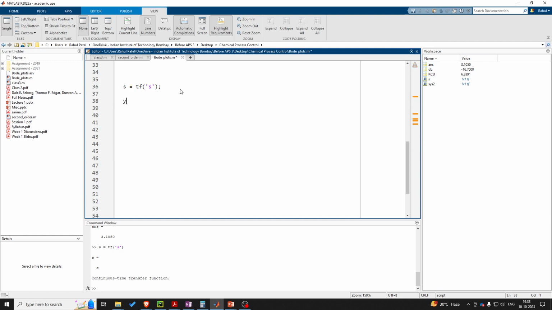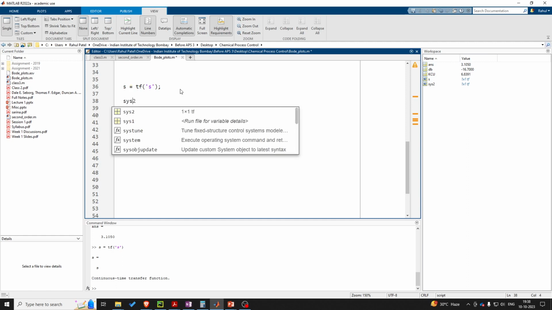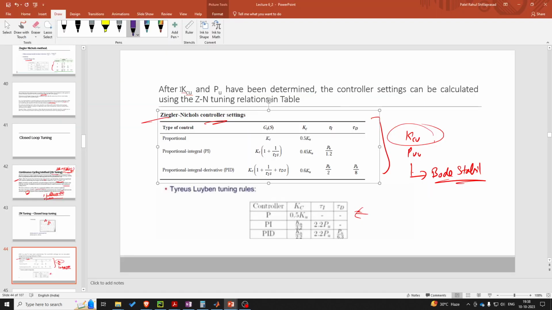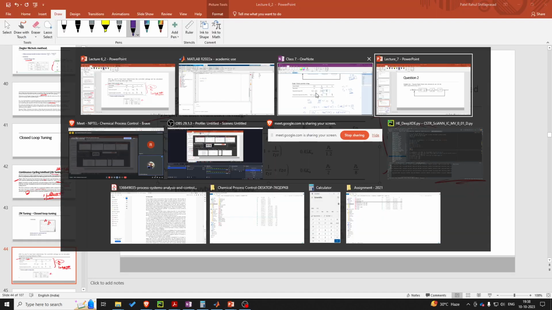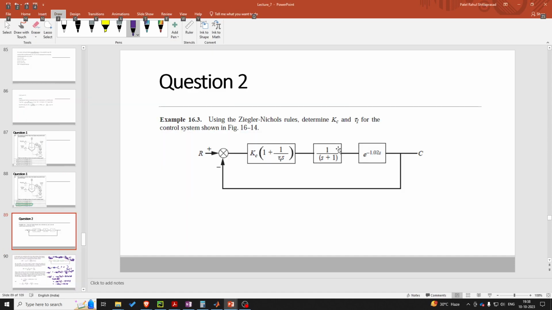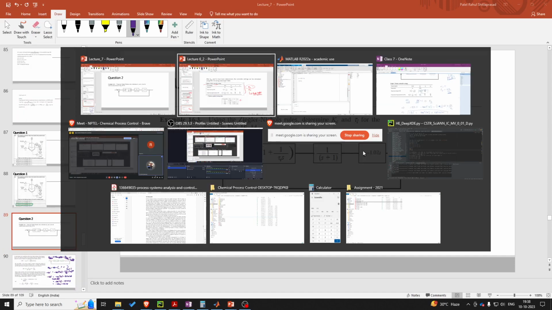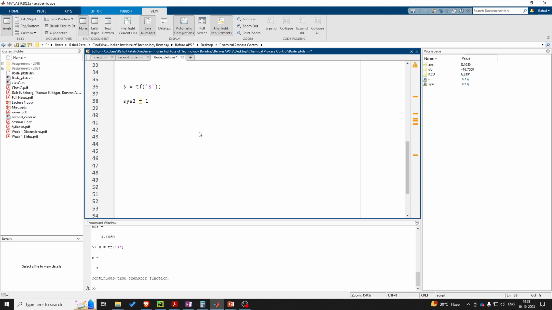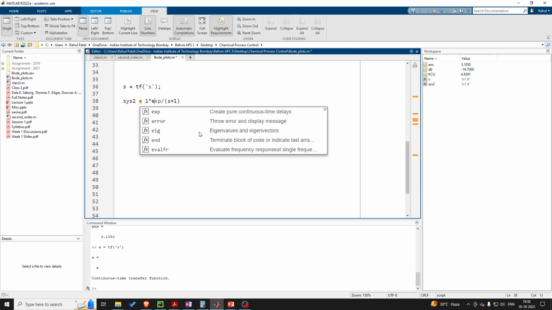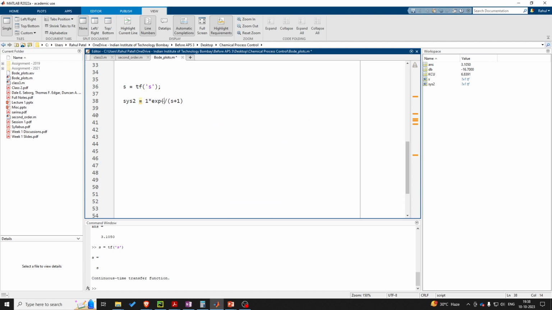Then we need to write the equation corresponding to our system, that is what we were having was this term 1 upon s plus 1, and we were having exponential of minus of 1.02 into s. So this is our process transfer function for which we have to plot the Bode plot.